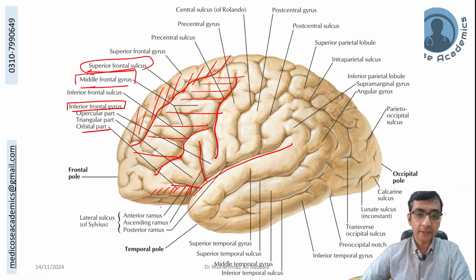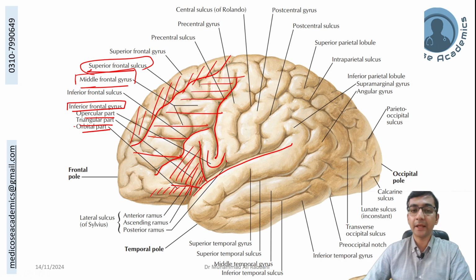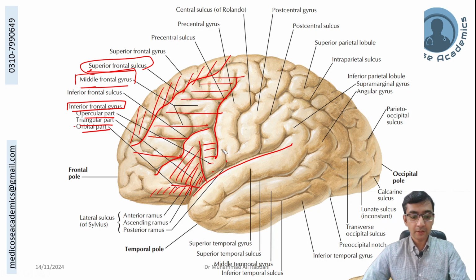The one between the anterior and ascending rami is the triangular part due to its shape, which is very visible here, and this is the opercular part between the ascending and posterior rami. So these are the different parts. We have done this. Let us quickly revise the frontal lobe.